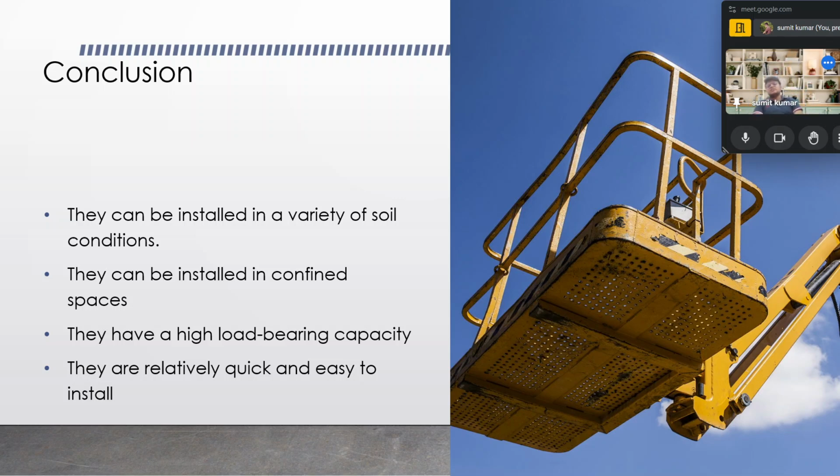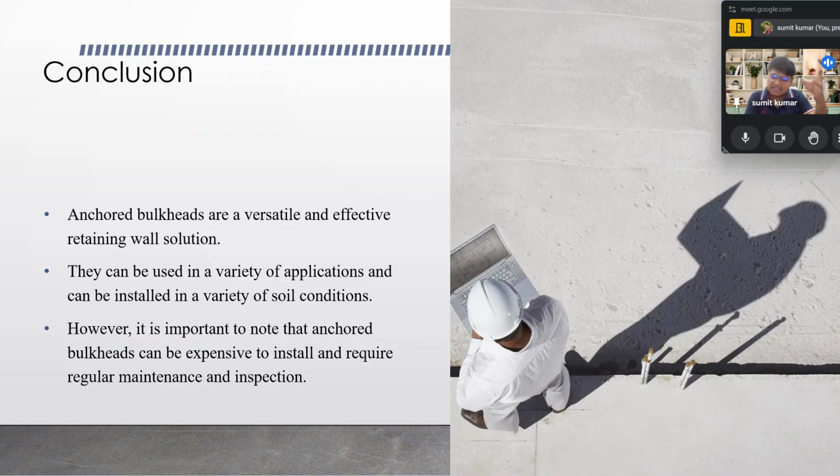So, in conclusion, we say that the bulkhead can be installed in a variety of soil conditions. They can be installed in confined spaces. They have a high load bearing capacity. They are relatively quick and easy to install. And these are some of the most important aspects. Anchor bulkheads are a versatile and effective retaining wall solution.